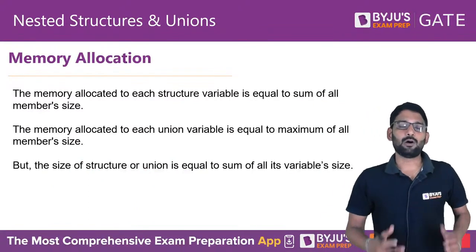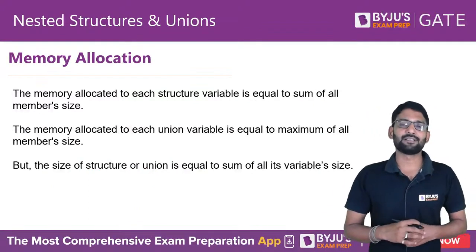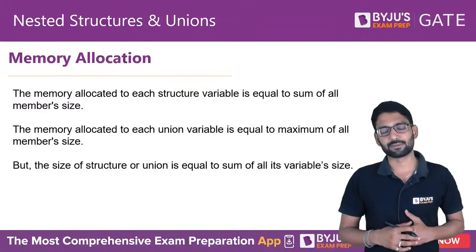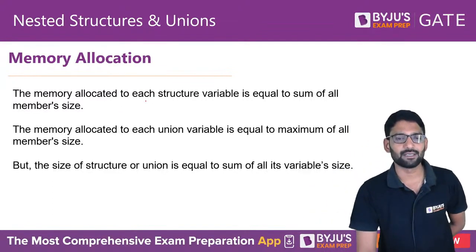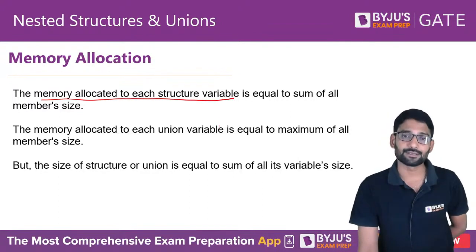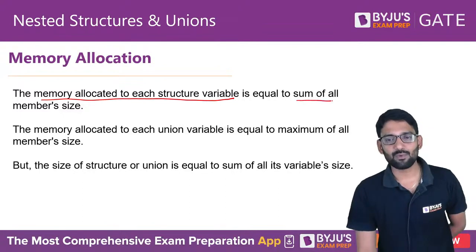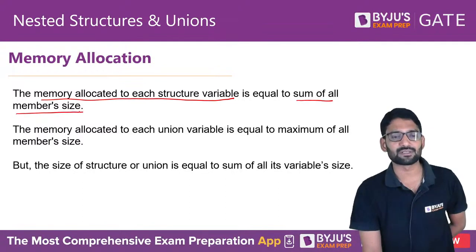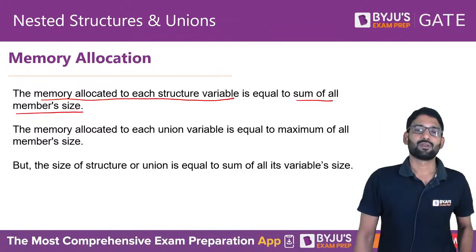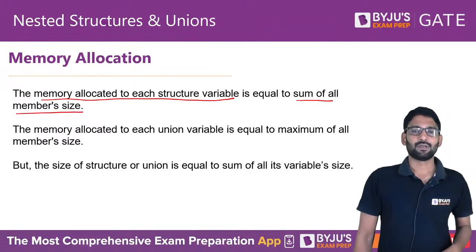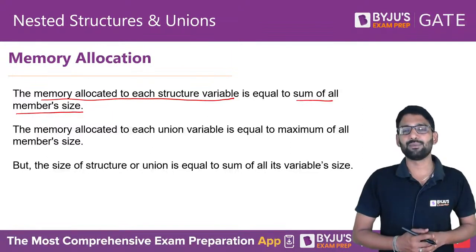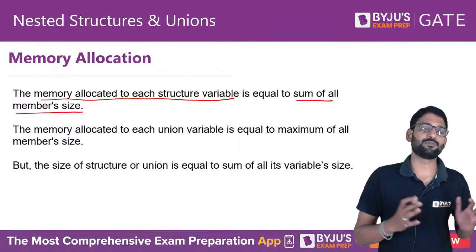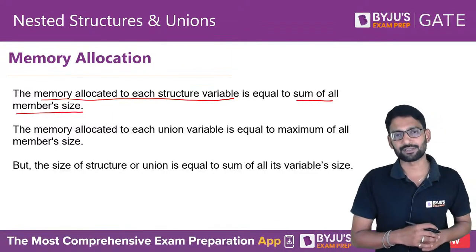Now, how much memory is allocated for these members or variables? You see this. The memory allocated to each structure variable is equal to the sum of all its members' size.